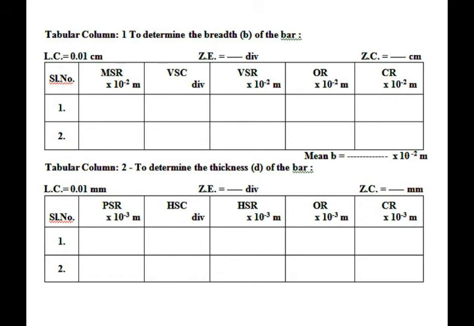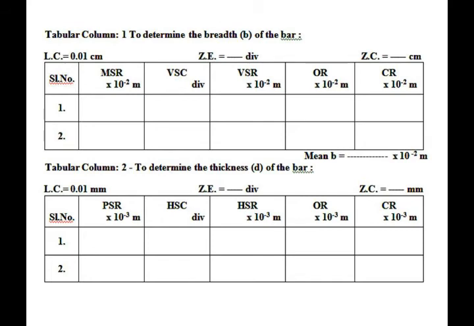Here in case of breadth, the VSR will be calculated by VSC into LC, and OR, observed reading, will be calculated by MSR plus VSR, and CR, correct reading, will be calculated by OR plus or minus ZC, correction.